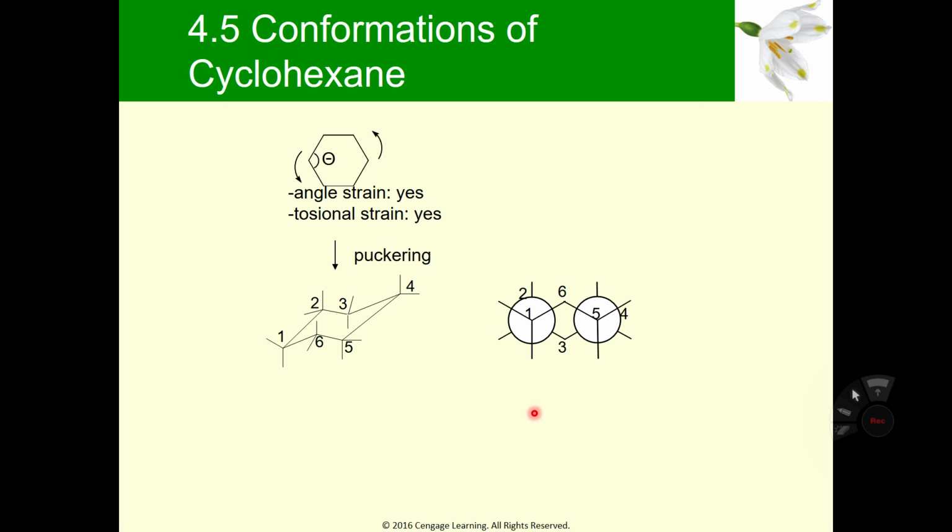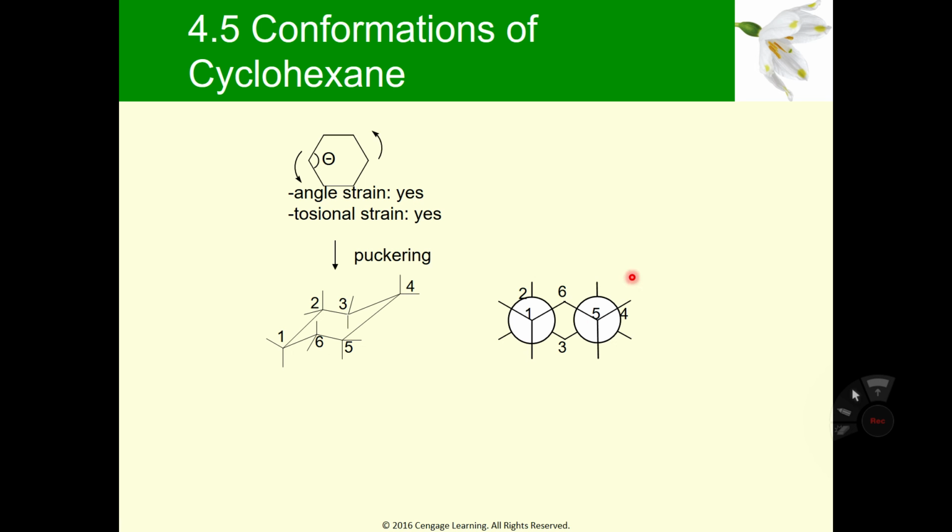We'll take a look at the conformation of cyclohexane. Let's look at the planar structure of cyclohexane, and this angle should be 120. It's too large compared to 109. So in this case also, they'll have puckering. Usually the six-membered ring will have a typical puckering, where you put this carbon up and this carbon down, or this carbon down and the other up. These are the 1 and 4 positions, okay?